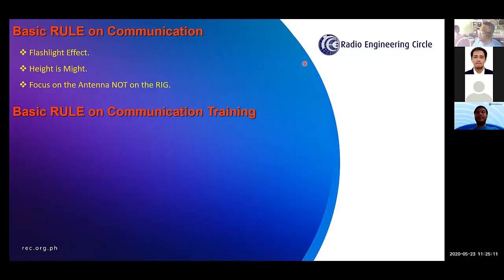Sa ibang bansa, pagka ikaw bumili ng branded, kahit radyo, bumili ka ng brand, at di ka nag-assemble ng radyo, user ka lang. Hindi ka sisikat. Basic rule on communication training.